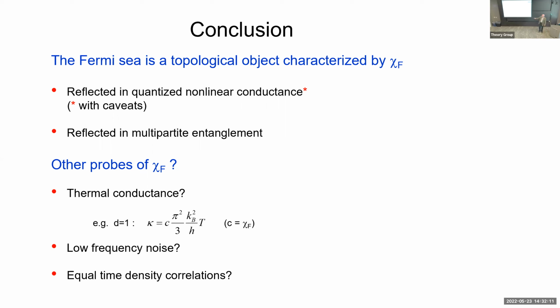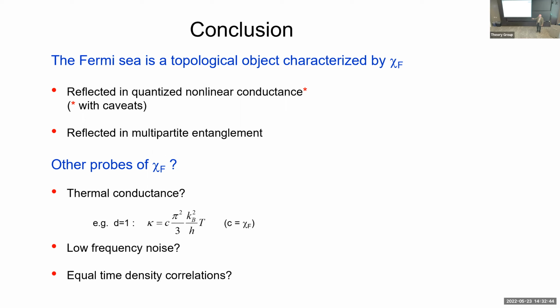So I think another open question is whether there are other probes of the topology of the Fermi surface. Taking our inspiration from one dimension, there's another quantized response in one dimension, which is quantized thermal response. We know that the quantized thermal response measures C, and is insensitive to interactions. It makes you wonder whether there's something like this in higher dimensions.